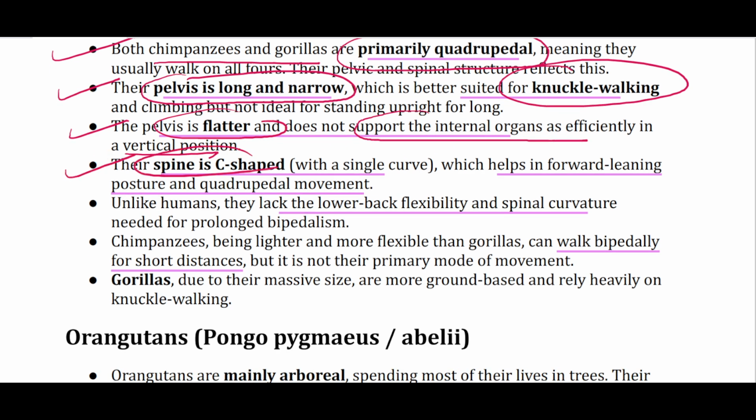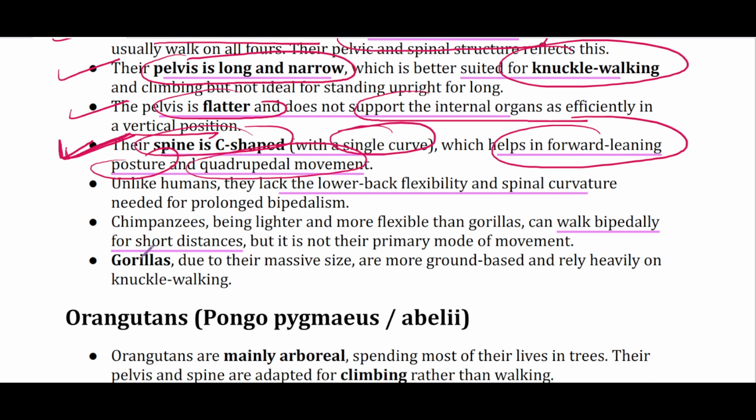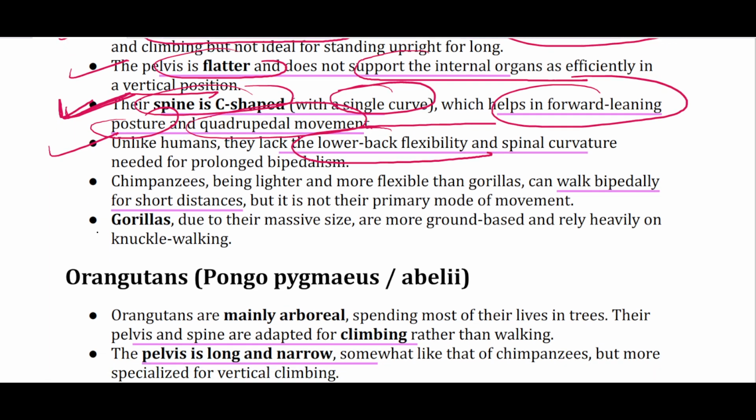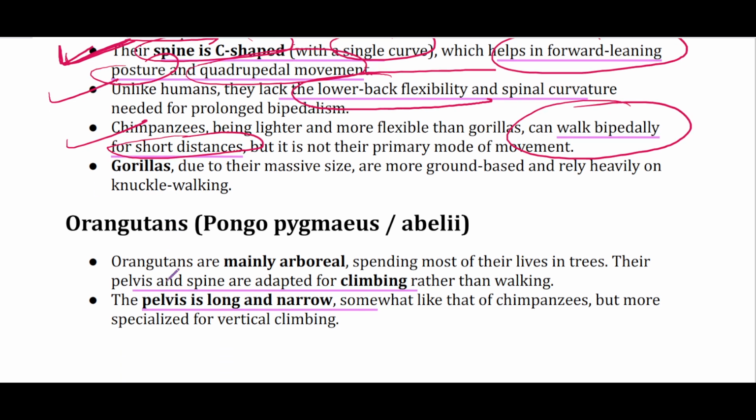The spine is C-shaped, with only a single curve, and this shape helps in a forward-leaning posture and quadrupedal movement. They do not have lower back flexibility. Their lumbar region is not that strong, and chimpanzees have been seen walking bipedally occasionally for short distances.